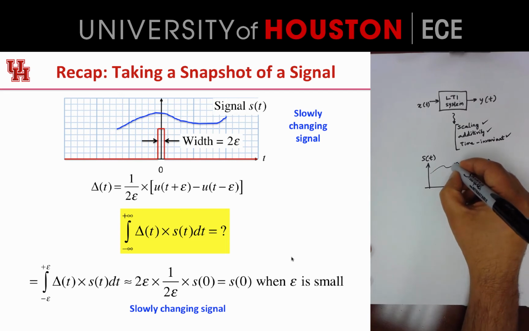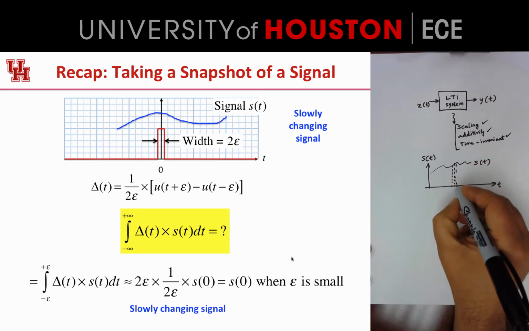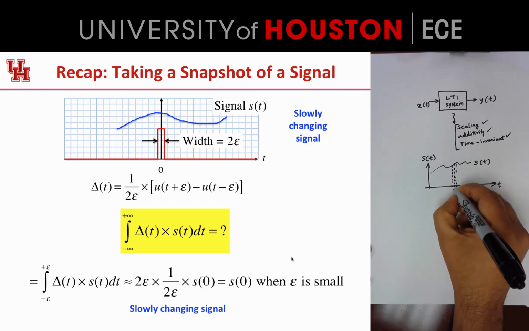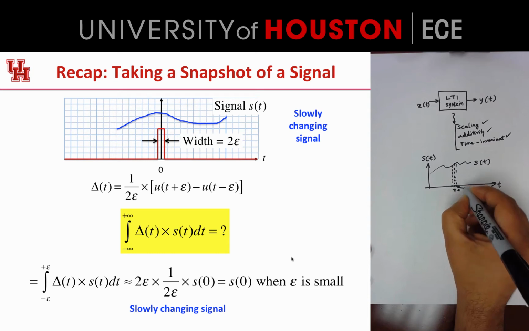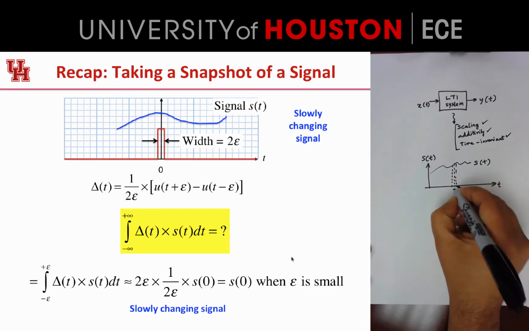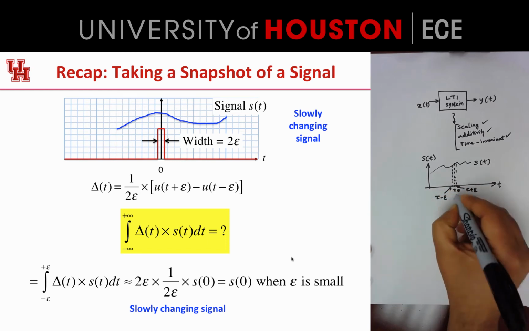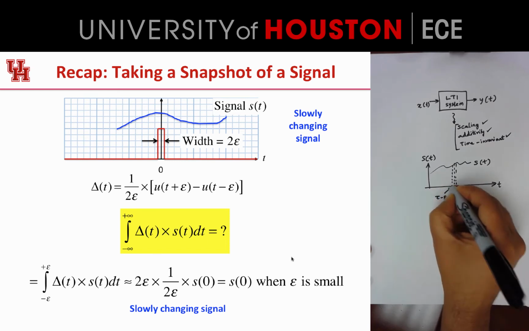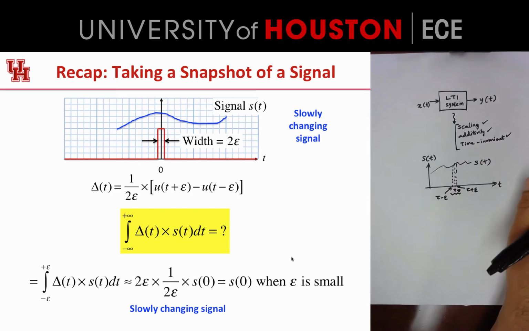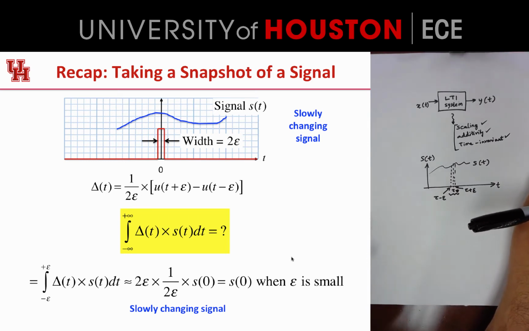So if I consider an infinitesimal neighborhood around it, so if I have a time tau and I look at an interval like tau plus epsilon and tau minus epsilon, right? So over this interval, the signal is not showing a sudden jump, right? It's smooth.